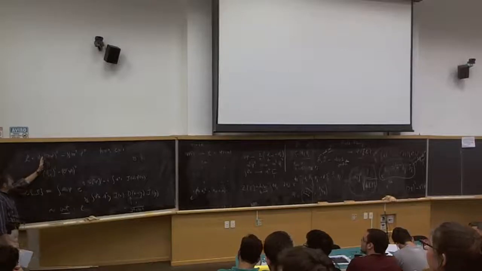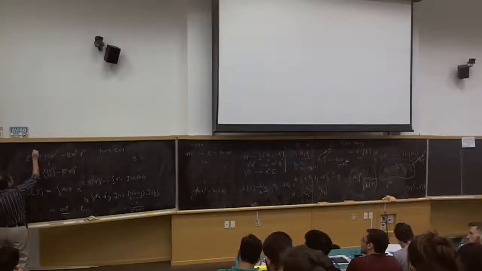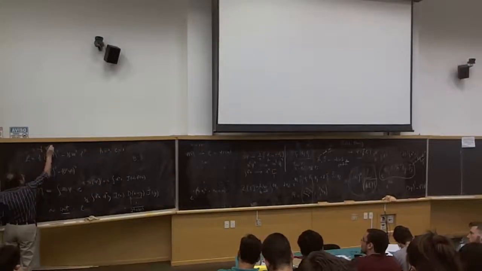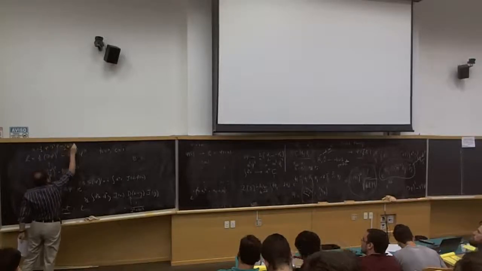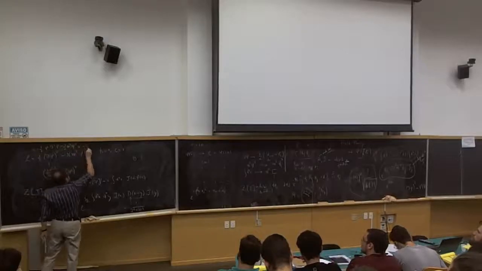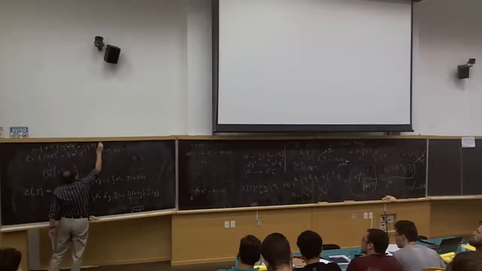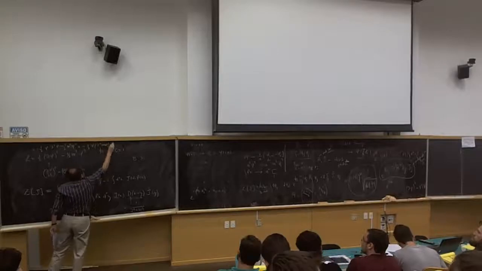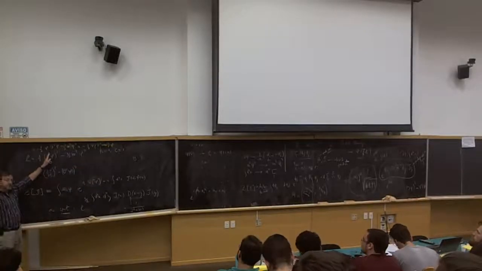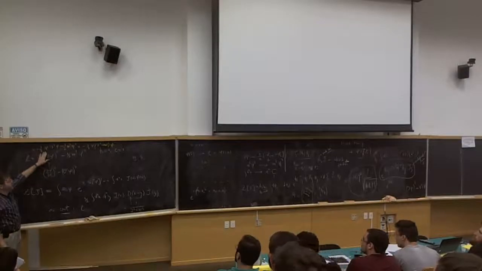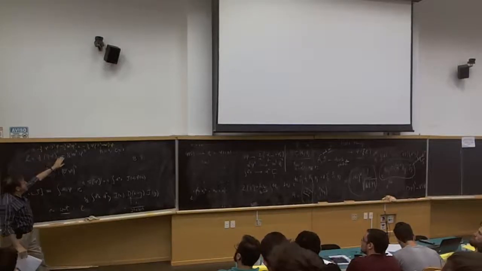I integrate by parts here, then this gives minus 1/2 derivative phi squared minus 1/2 m square phi square. So this is minus 1/2 phi delta square plus m square phi. And integrate by parts, put away the surface term. Okay, I imagine a localized system, and then I get that.